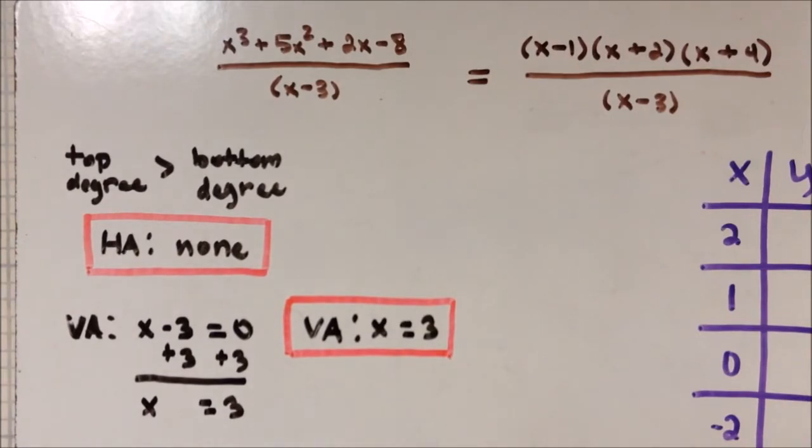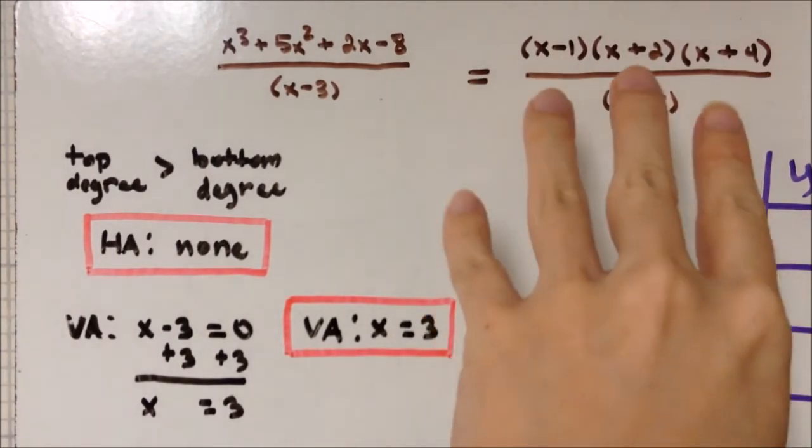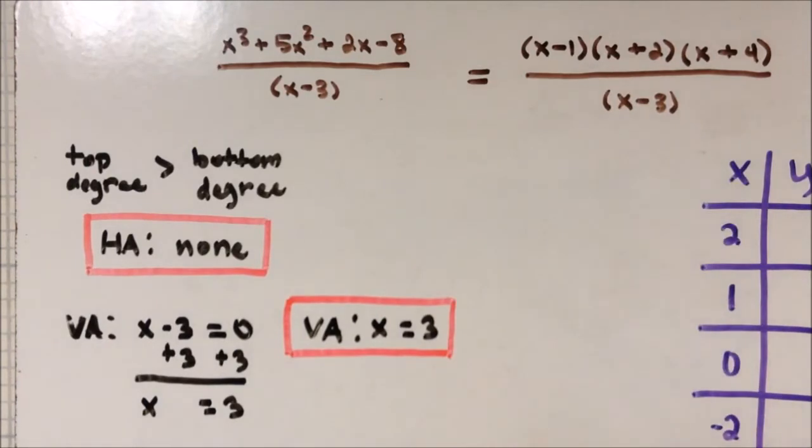So what we can do from there is look at the three factors for your numerator. In order to do x-intercepts, you only look at the numerator. That's it. Now y-intercept is pretty easy. If we were to do y-intercept, all you do is plug 0 into x.